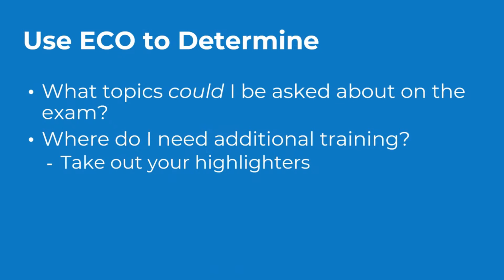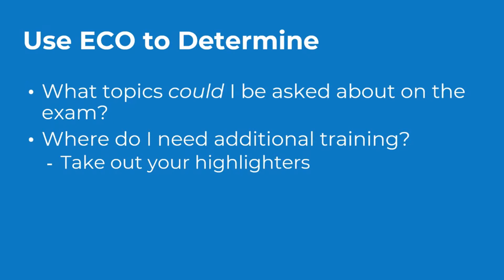So now that you know that all of the questions on the exam, all of the knowledge that we need for the exam is based on the ECO, here are the two things that I want you to do with the exam content outline. You have to read it. We'll get back to that at the end, don't worry.